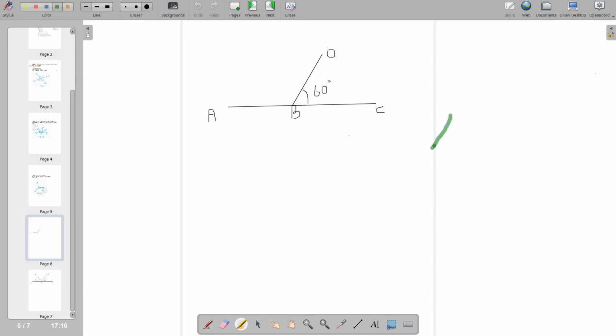Now let us see what an angle bisector is. An angle bisector is a line that divides an angle equally into two parts.